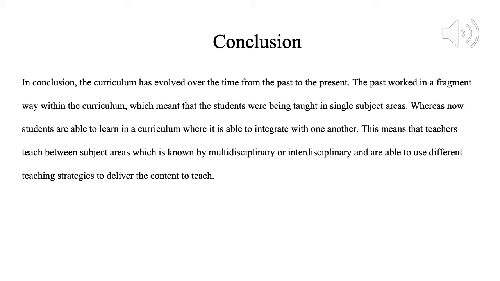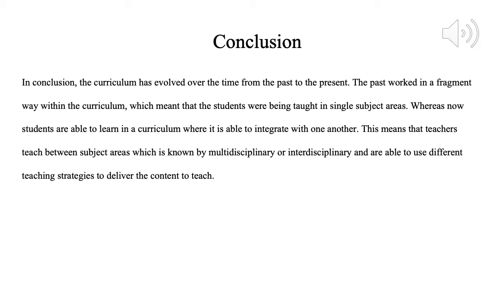In conclusion, the curriculum has evolved over time from the past to the present. The past worked in a fragmented way within the curriculum, which meant that the students were being taught in a single subject area. Whereas now, students are able to learn in a curriculum where subjects integrate with one another.